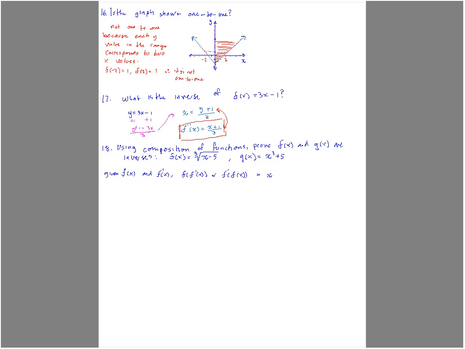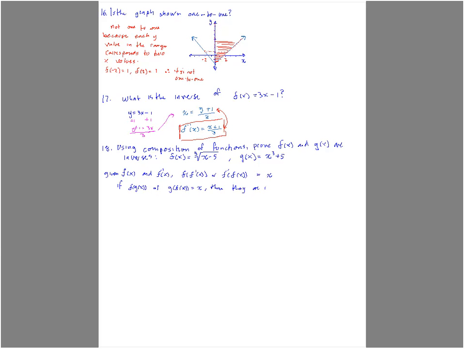So what that means is if f of g of x, or not of, g of f of x is equal to x, then they are inverses.